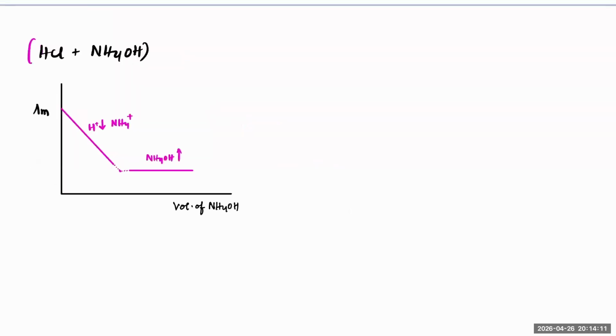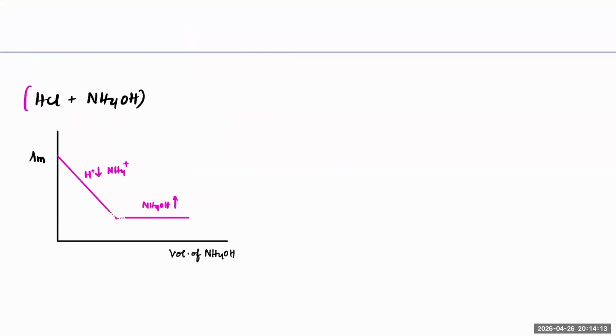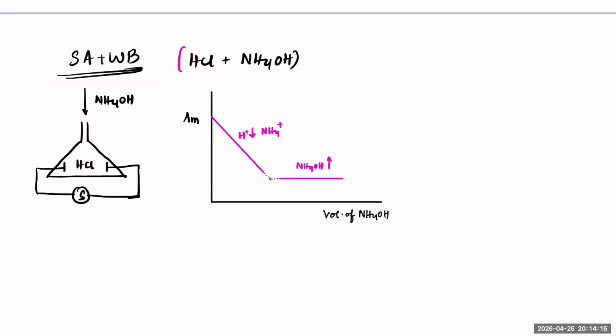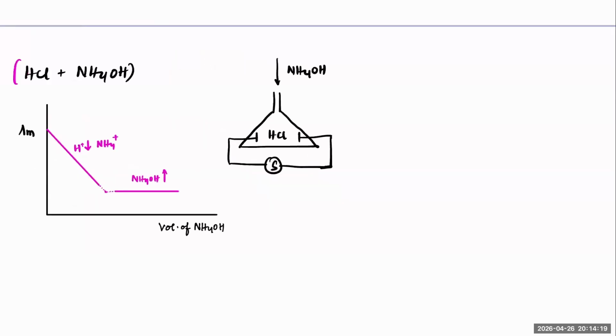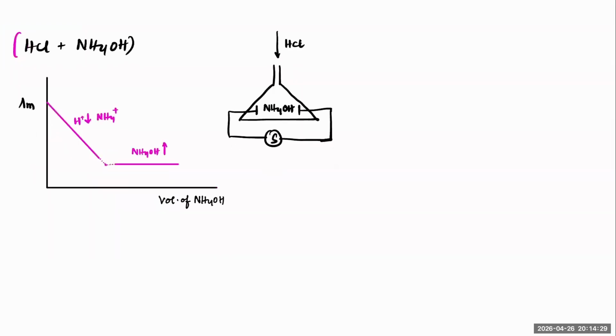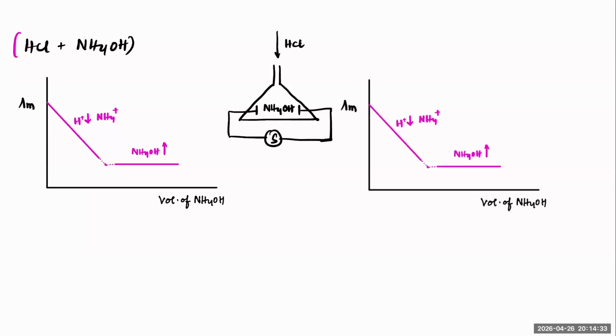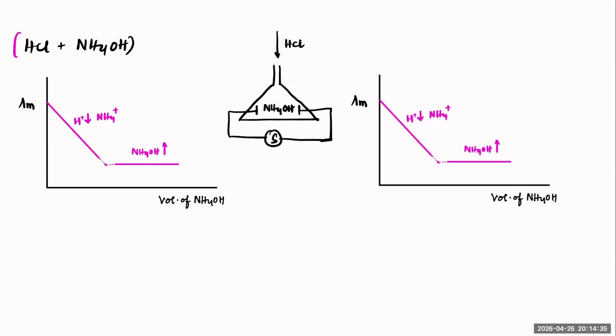Now, the second case is this scenario, if I change it so that instead of NH4OH here, I'm saying HCl is in the burette and NH4OH is in the flask. Okay. In such a case, how does the graph vary? See, this time, check.